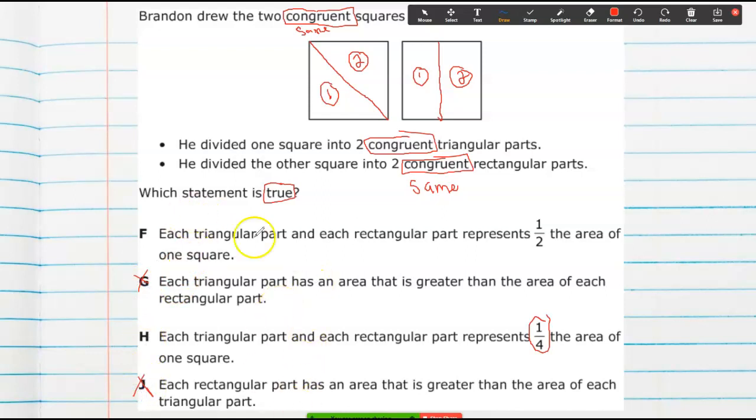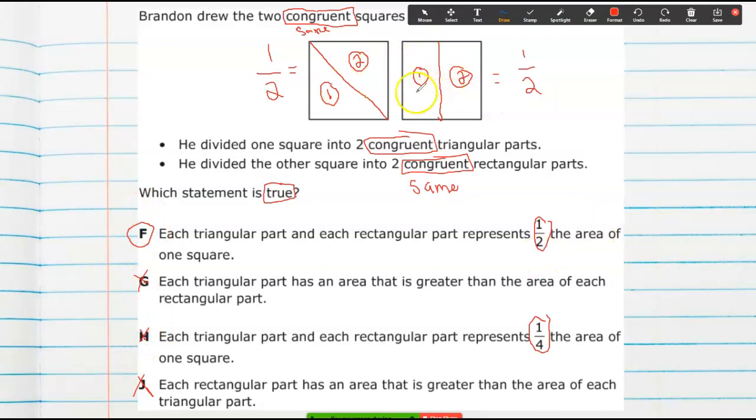They're the same. So does the rectangular part represent 1/2 of the area, or 1/4? This piece equals 1 piece out of 2. And this rectangle here represents 1 rectangle out of 2. So our answer is F.